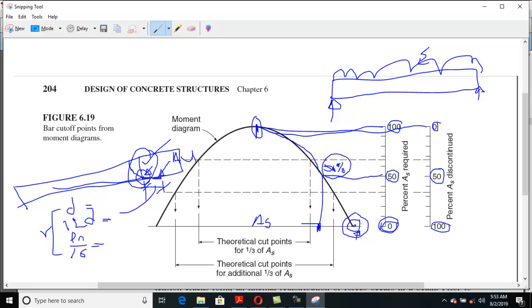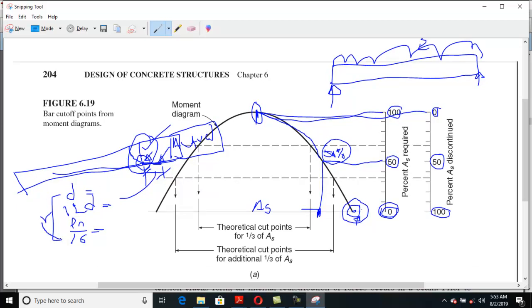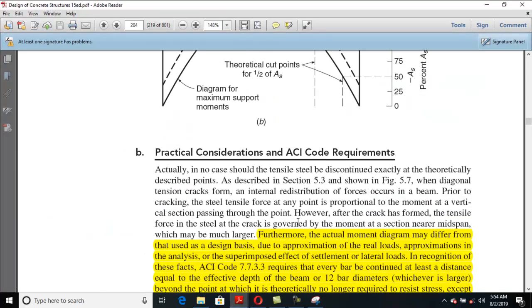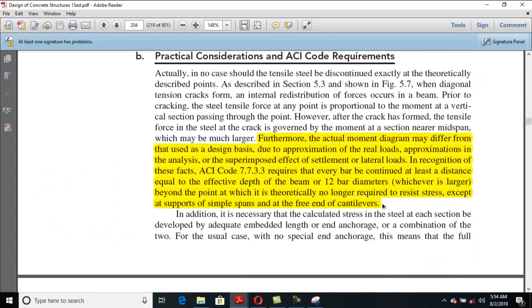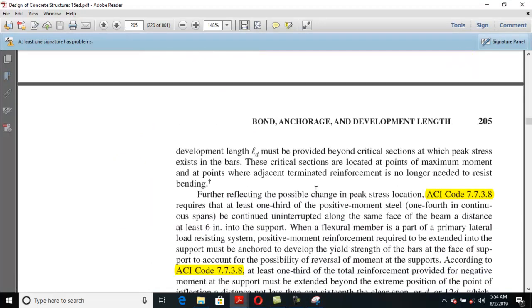There are some other considerations due to which this point may be extended further towards the support, but basically this is our actual cutoff point. Clear? This approach is adopted due to shear stress concentration. Now this point is adjusted in this shaded area. Clear?